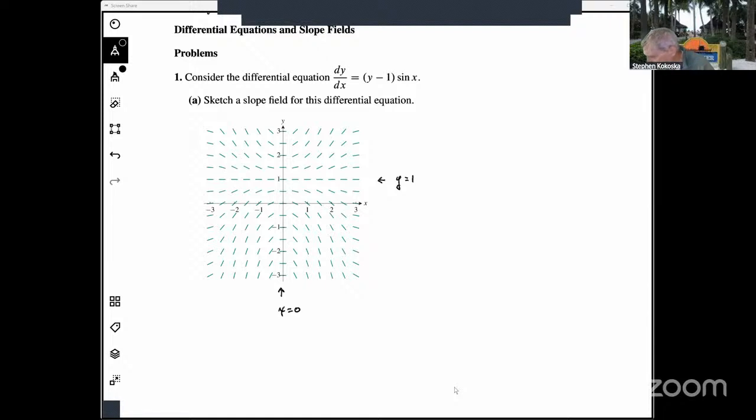And there's one other thing that I'd like you to think about. I'm going to come up here to the differential equation and circle this sine x. There's a product there that involves the sine of x. When I produced this slope field, I thought there would be some sort of repeating pattern because I know that the sine of x is periodic.